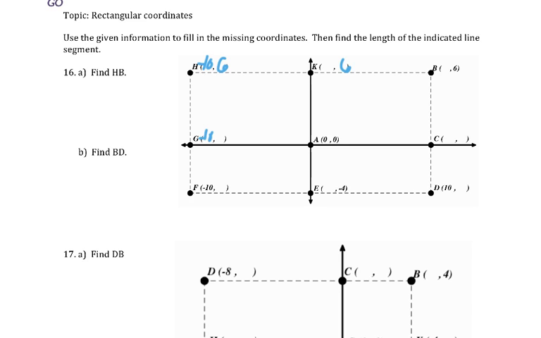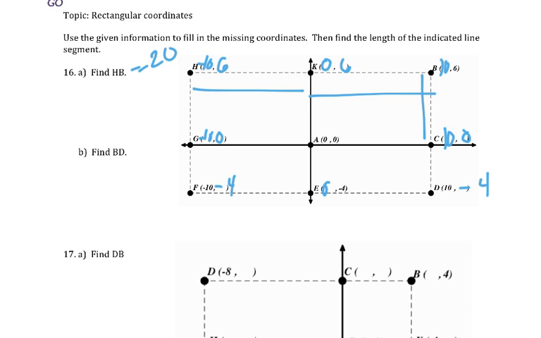A is 0, 0, so I know that's 0, that's 0, that's 0, and down here is 0. I know this is negative 4, and that would be 10 and 10. So, negative 10, positive 10, add those together, our distance is 20. B to D, 6 and negative 4, but distance of 4 would be 10.